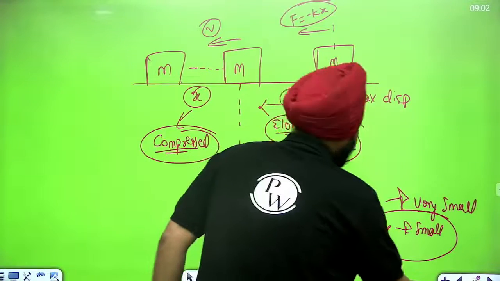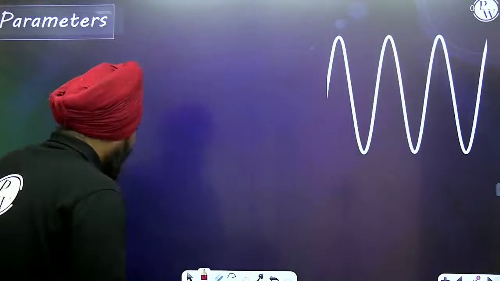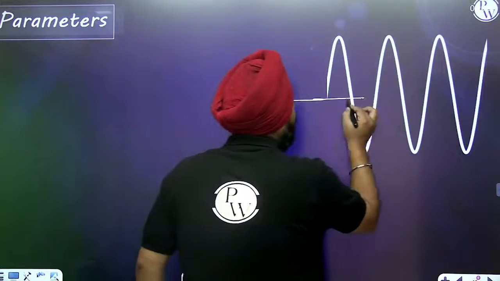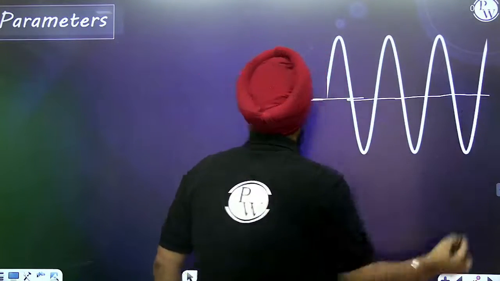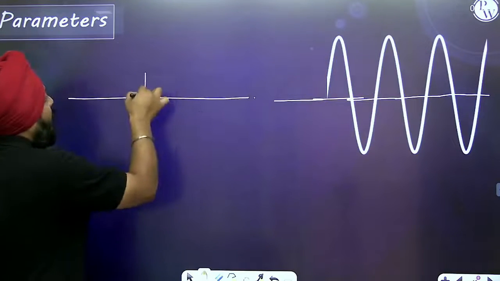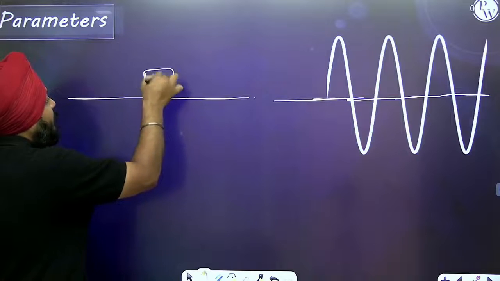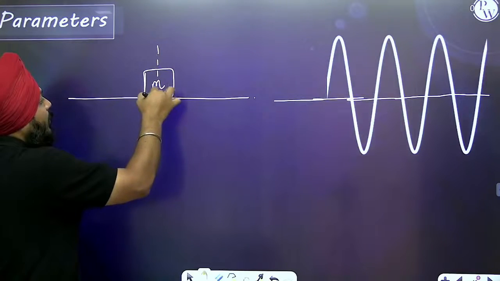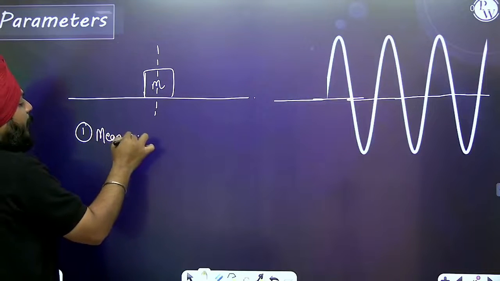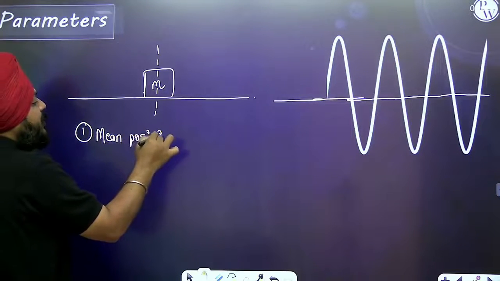Okay. Now we are going to understand some of the basic parameters of it. To understand the basic parameters, we are going to again take back this example. The first parameter is the mean position.